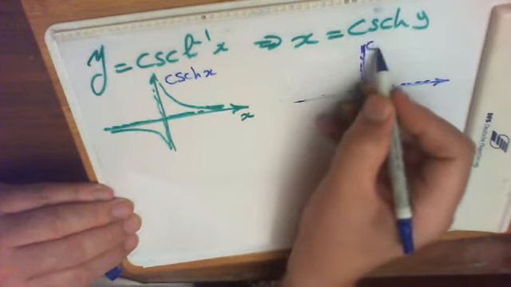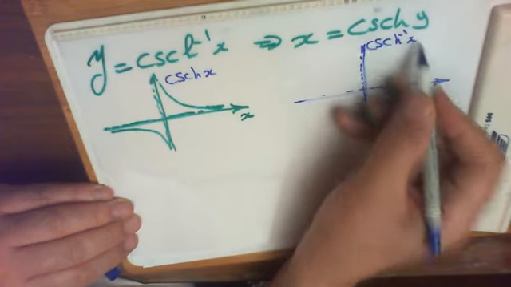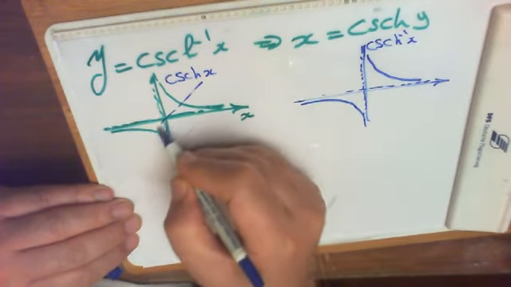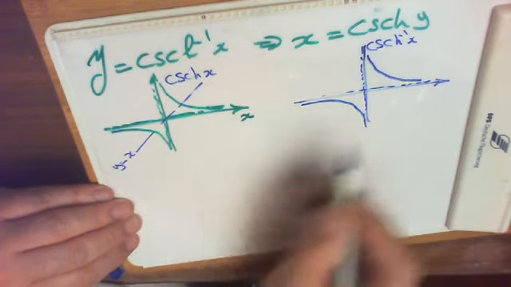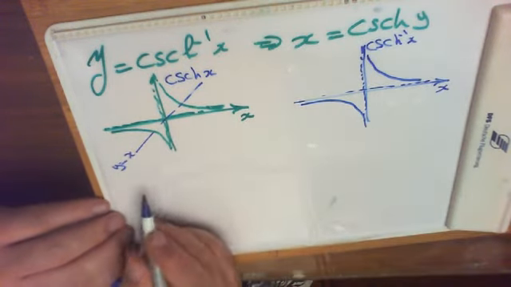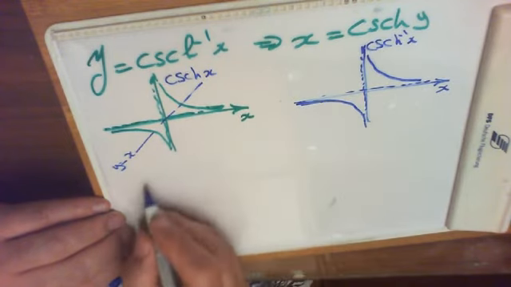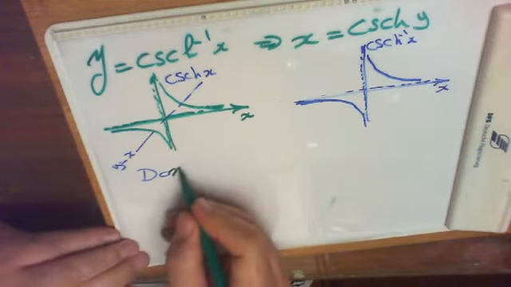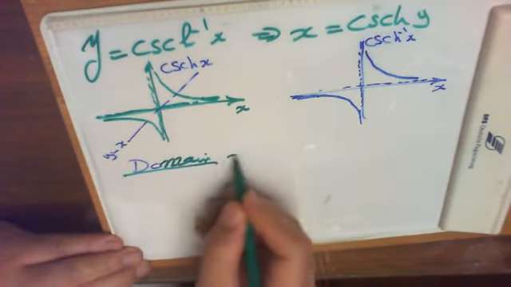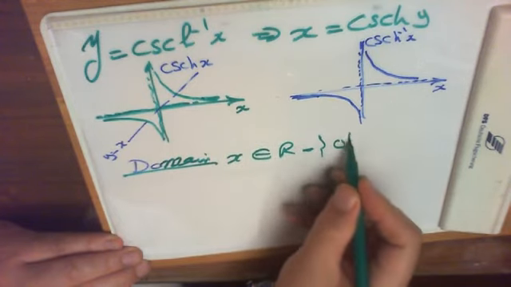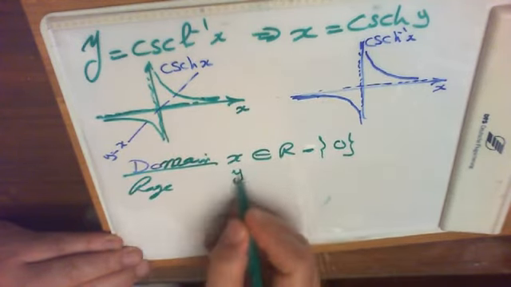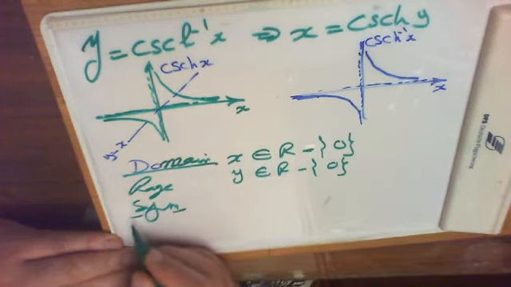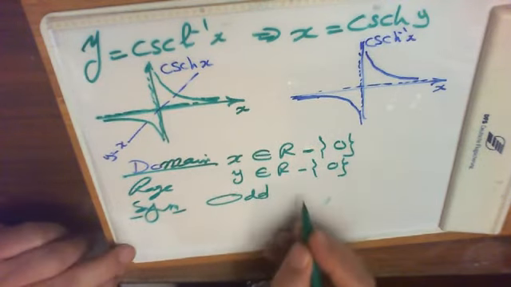This is cosech minus 1 x, the same shape. Use reflection about y equals x, you obtain this shape. Okay? As you see from the graph, domain: x belongs to R minus 0, range: y belongs to R minus 0, symmetry: none, neither even nor odd, periodicity: none.